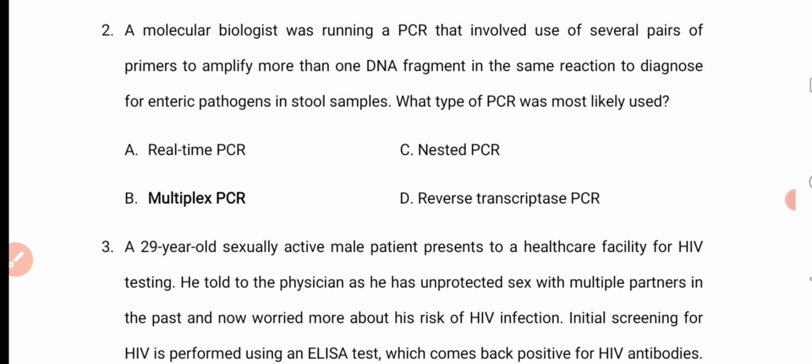Because nested uses only two, and reverse transcriptase is the enzyme that converts the RNA into DNA, a special kind of enzyme contained by retroviruses such as HIV. So the correct answer for this will be B, multiplex PCR, because we are using several primers.